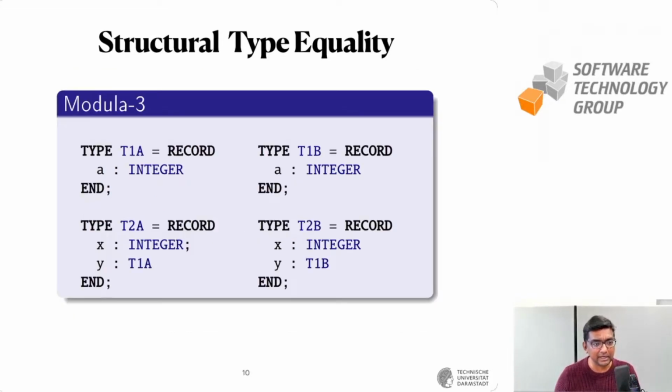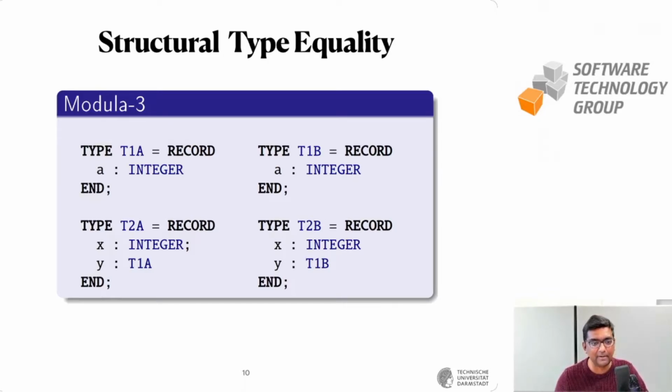So essentially the internal names do not match, so the values are not of the same type. But some languages, for example Modula-3, do something a little bit smarter, which is structural type equality. What this means is that it recursively checks whether the structure of your types, the structure of your data, is the same. Here is an example. You have a type t1a, which is a record containing one integer. Type t1b is also a record which contains one integer a, right? Type t2a is a record which contains one integer and one other value of type t1a, which in turn recursively contains an integer.